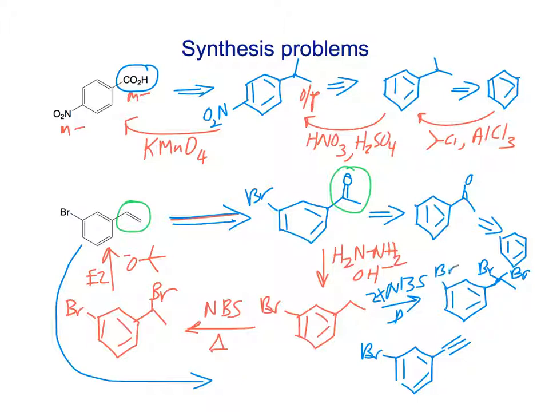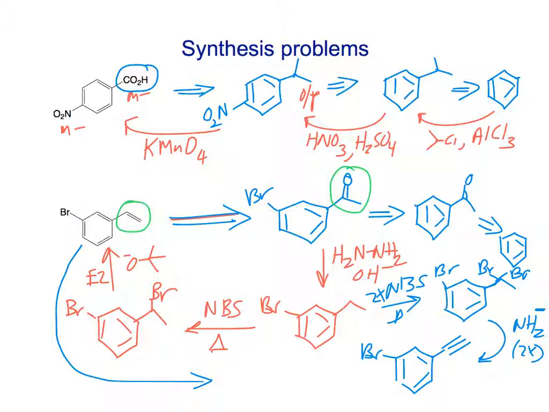Then there's a bromine over here, and we have to do a double elimination. So we could use NH2 minus, and do this 2 times as well. So that's one possibility.